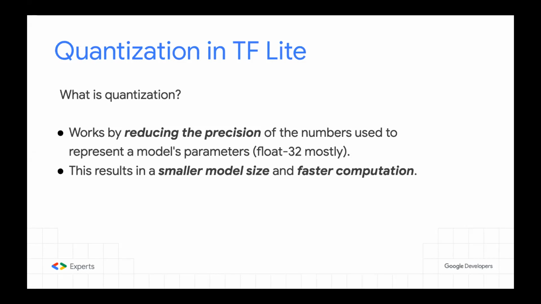From a layman's perspective, quantization is nothing but reducing the precision of the numbers used to represent a model's parameters, which is most often done using float 32, although there are float 64 or float 128 based models, but float 32 is the most common one.